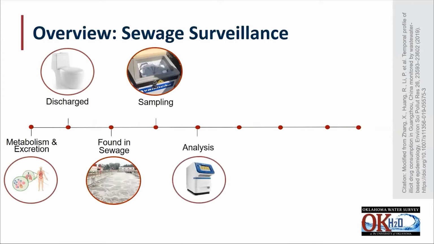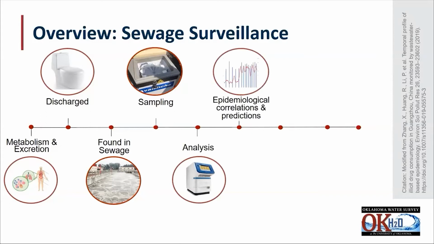It's analyzed. We use RT-qPCR. There's other methods out there that other folks use, but drop digital PCR. And from there, we take it and correlate it to case counts within those drainage areas. And there's a lot of great work looking at correlations and predictions of the actual cases based upon that wastewater.